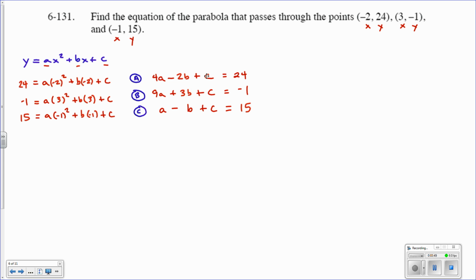Now, the easiest variable I usually think is going to end up being c. So I can eliminate c pretty easily. For this third equation, since all three of them have positive c's, I'm going to turn this into a -c. I'm multiplying each side of the equation by -1.